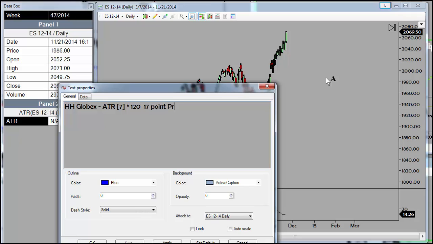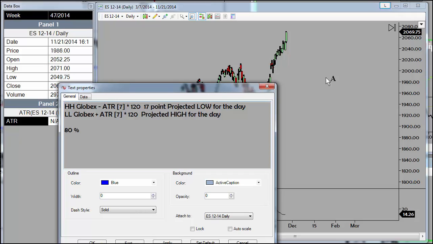And that is going to be our projected low for the day. We also take the lowest low of Globex, and on this side, we add the ATR 7 times 120. And that is the projected high for the day.